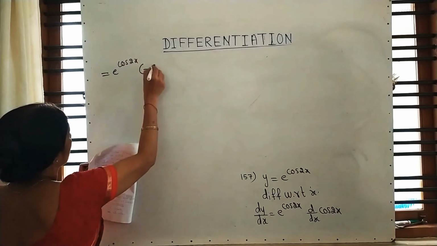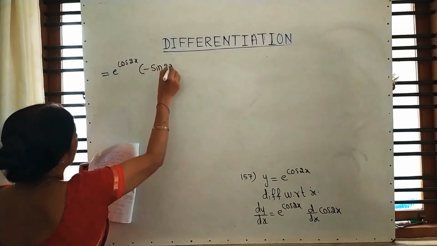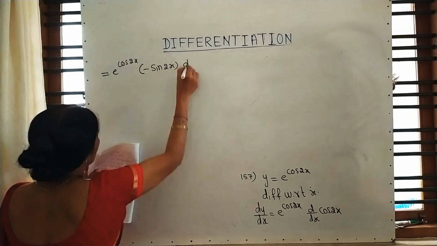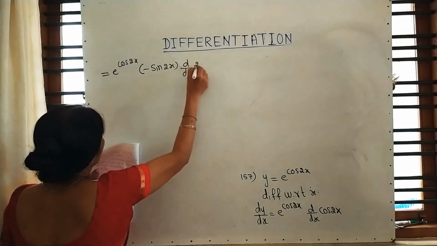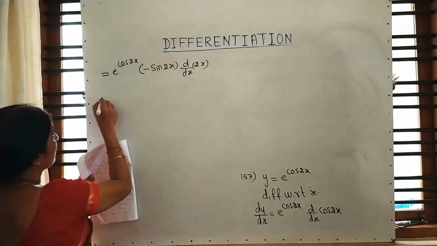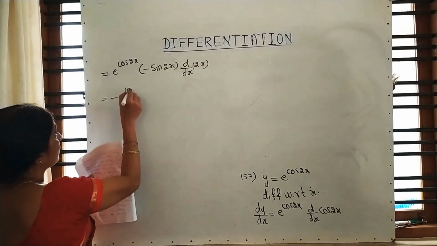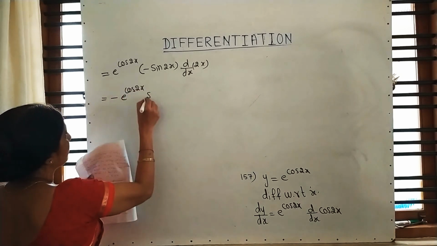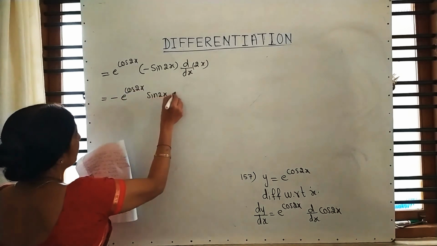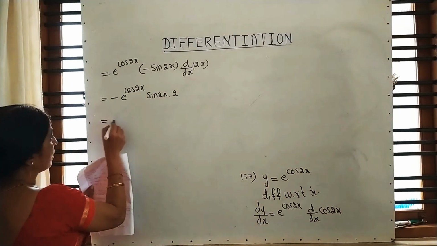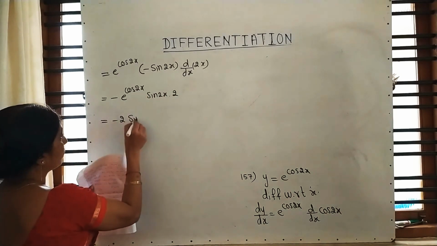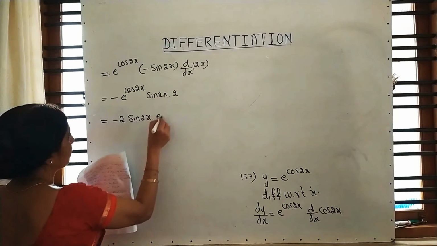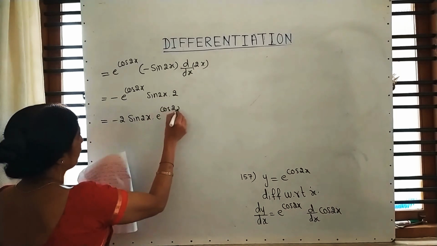Differentiation of cos is minus. That's why I am writing it in the bracket, into differentiation of 2x because the angle is other than x. Into 2. Differentiation of 2x is 2. So this is the final answer.